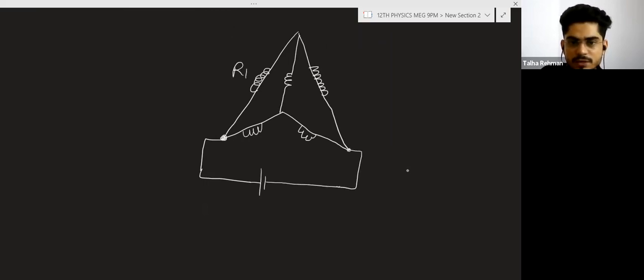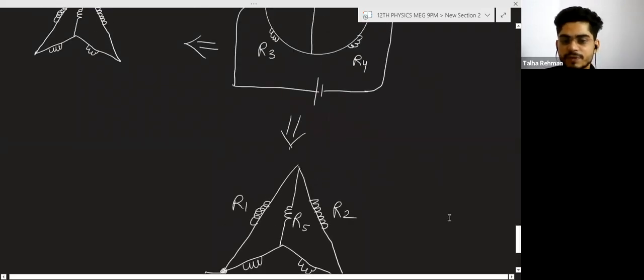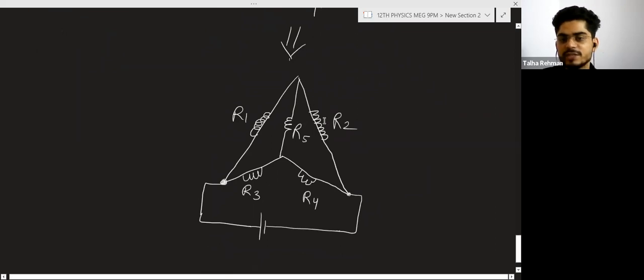This is R1, this is R2, this is R3, this is R4, this is R5. So this combination of resistances is also the Wheatstone bridge, but here the structure of wiring is changed. So you have to remember that.